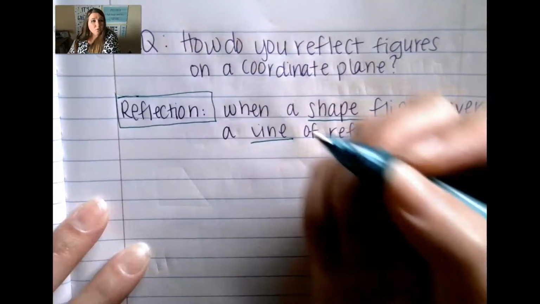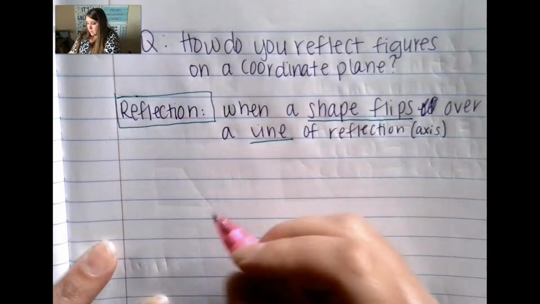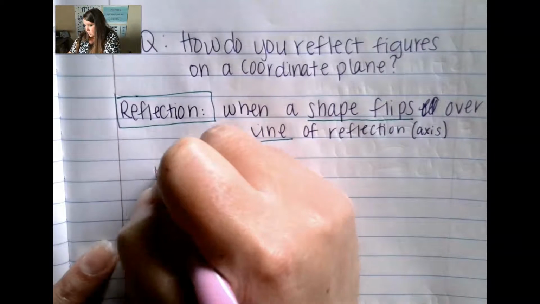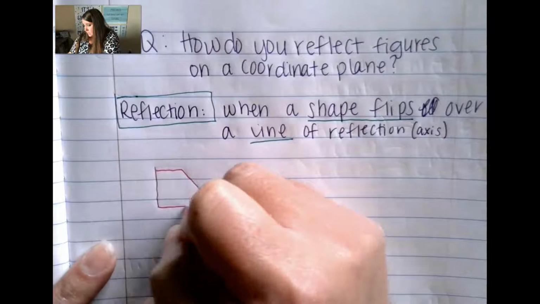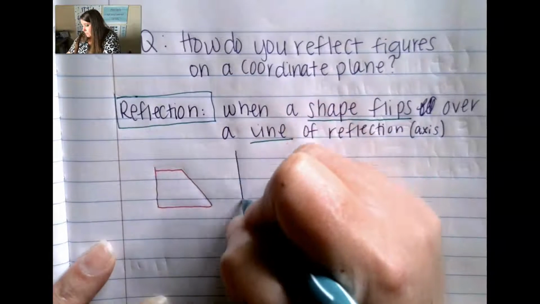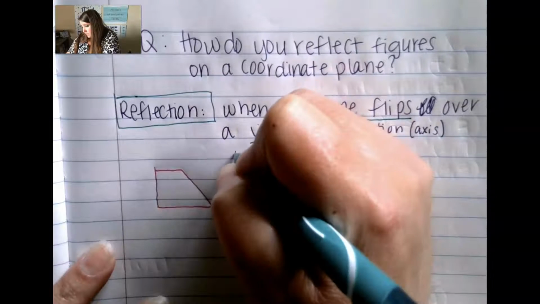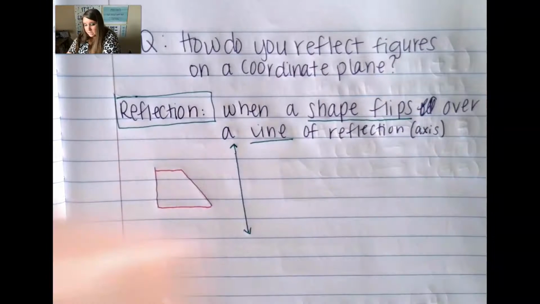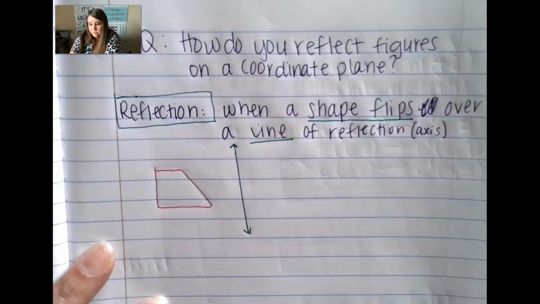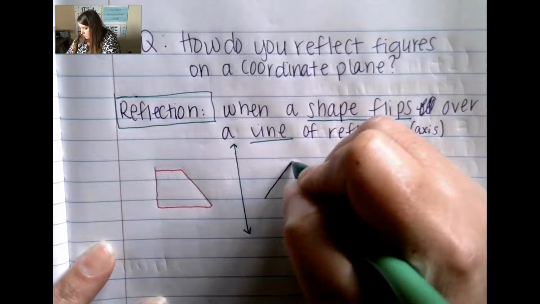So for example, yesterday we looked at the shape that looked like this. A flip would be, here's the line of reflection, or in this case, a y-axis. And if this shape flips over it, it is the same shape.